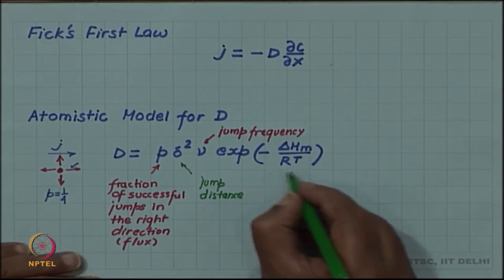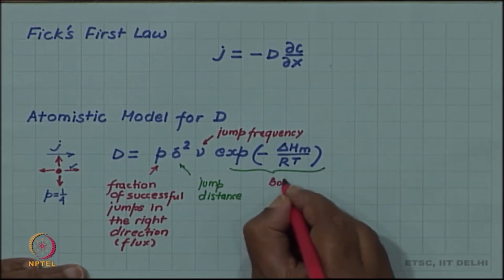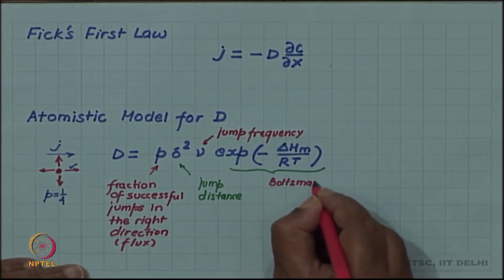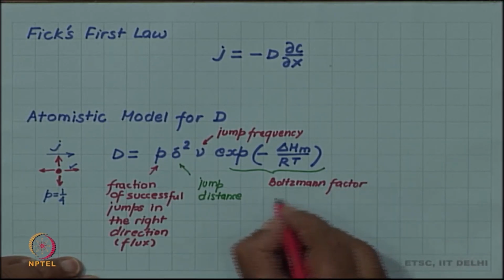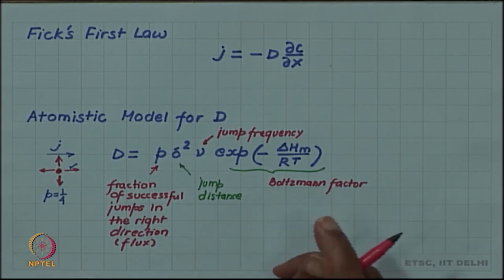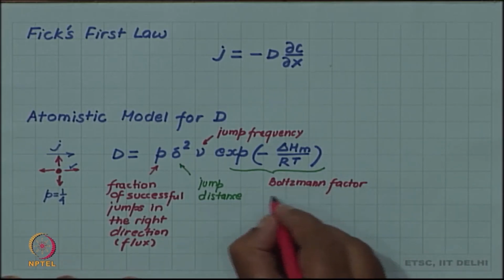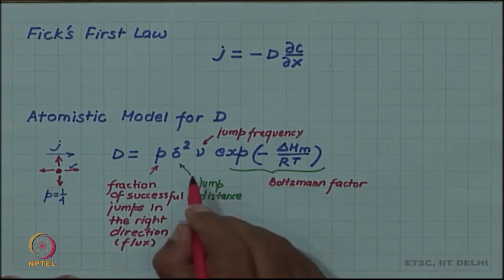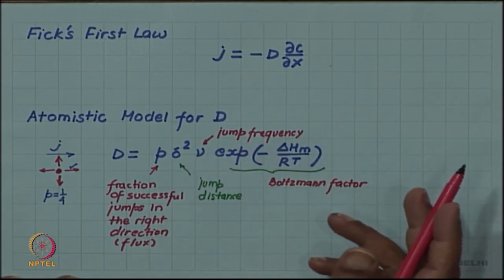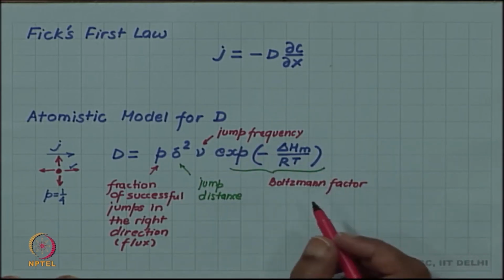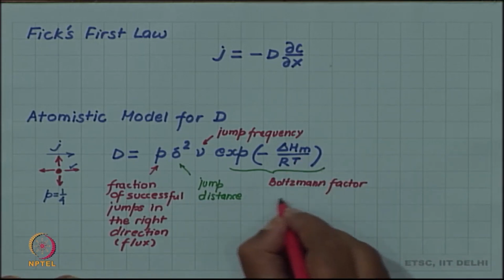And then finally, this exponential minus delta H m by R T is a Boltzmann factor, which essentially tells how many of these jumps will have energy delta H m. So, the jump frequency nu is the number of attempts which the atom is making, but not all of these attempts will be successful; only those attempts will be successful which have sufficient energy delta H m.